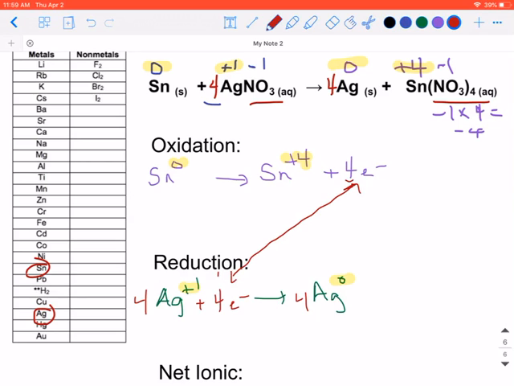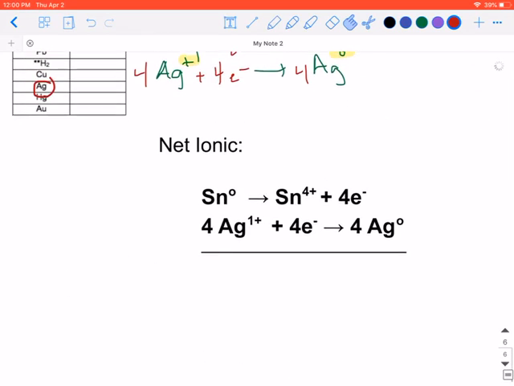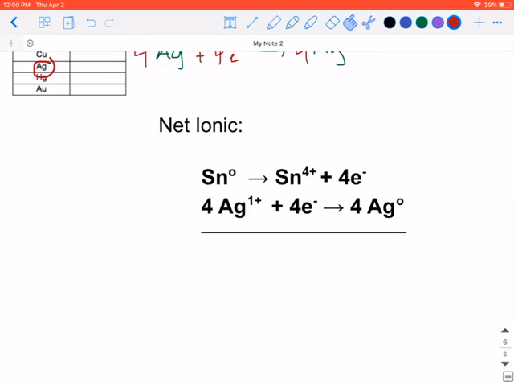Okay, so when we write the net ionic equation here, I am combining my oxidation and reduction half reactions. I have my electrons appearing on both sides of the equation in the exact same form, so those cancel out. So I am left with these 2 species on my reactant side: Sn with a little neutral charge plus 4 Ag +1.